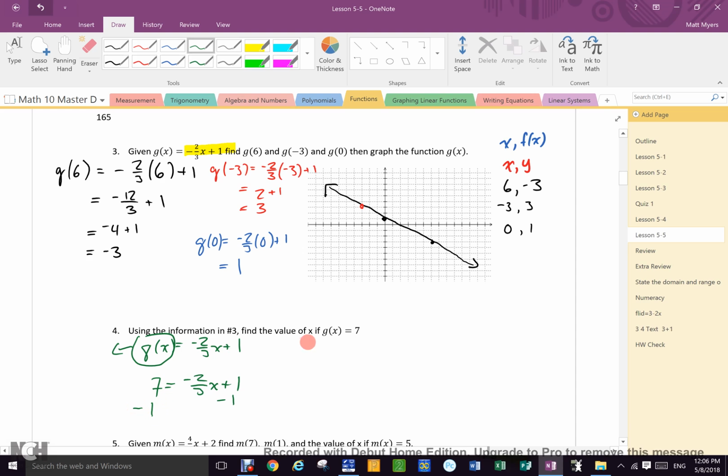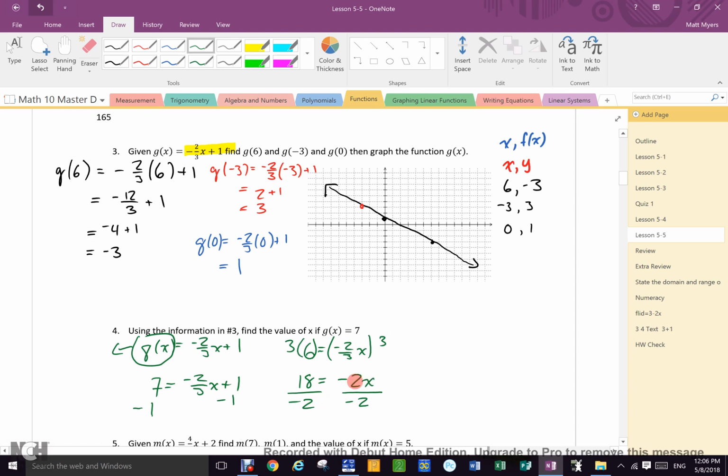So now what do I have? 6 equals negative 2/3 x. How do I get rid of divided by 3? Multiply by 3. So what's on the left side now? 18. What's on the right side? No. 2x. Negative 2x. How do I get rid of negative 2? Divide by negative 2.